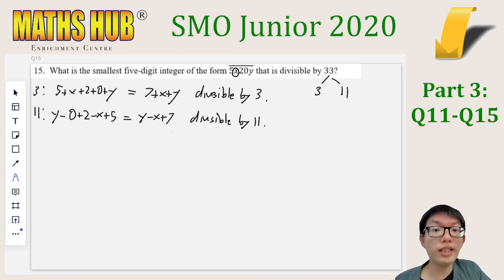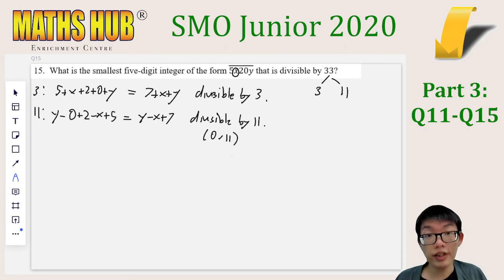Specifically, y minus x plus 7 being divisible by 11 is pretty restrictive already, because if x and y are digits, the only real values it could be are 0 and 11. So this is quite restrictive. Once I select x, I should have only one choice of y to satisfy it.